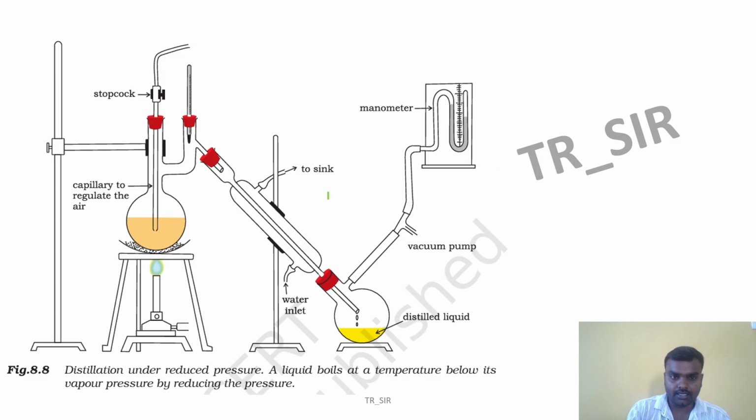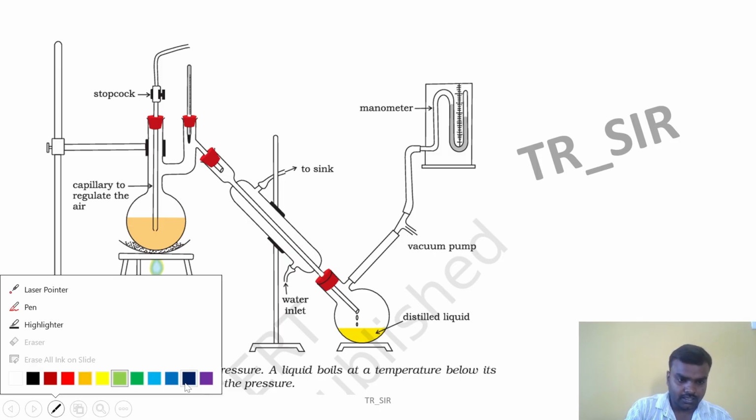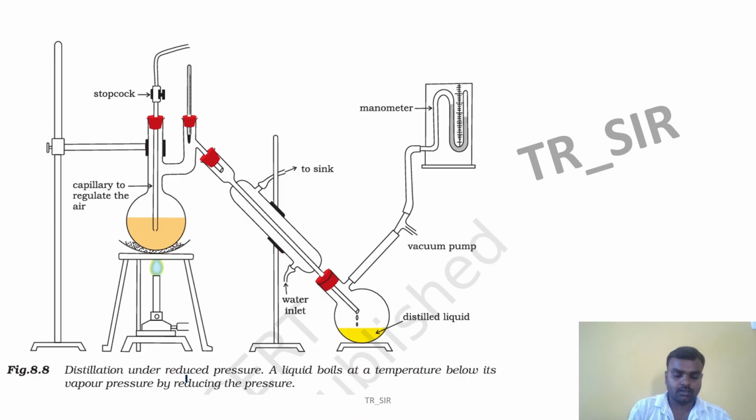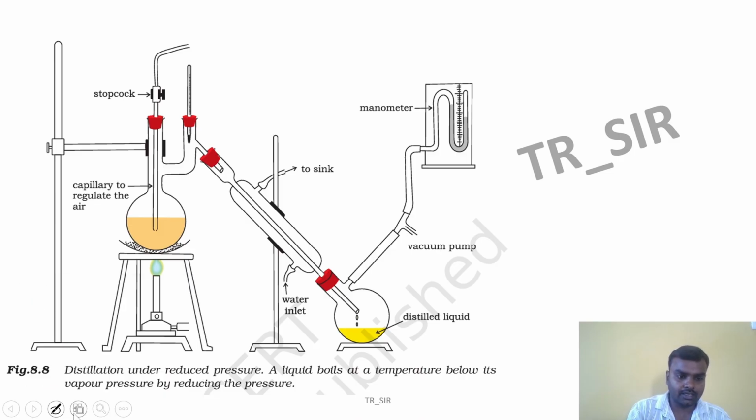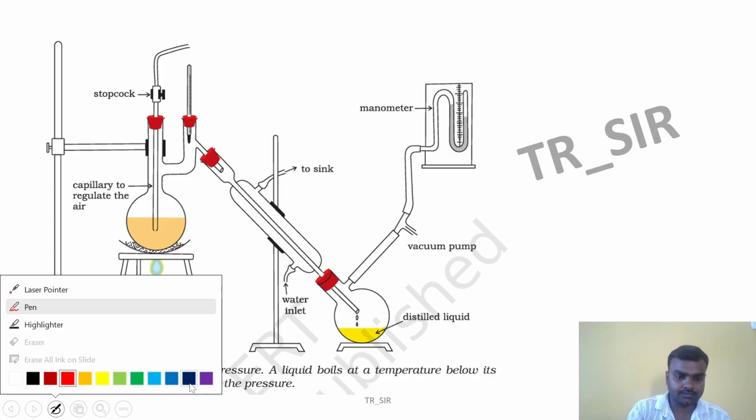Now we'll see diagrammatically how it takes place here. Point by point, we'll try to understand. First, what have we taken? We have taken a flask.